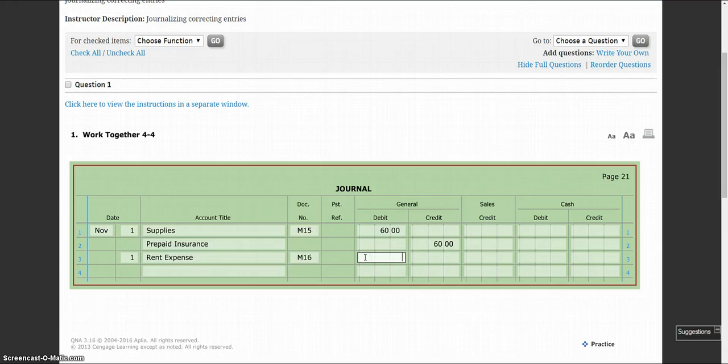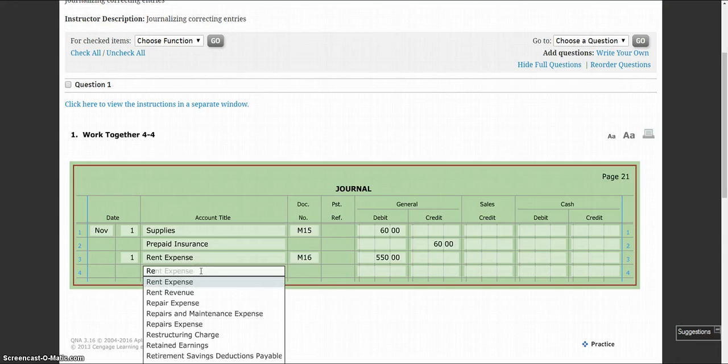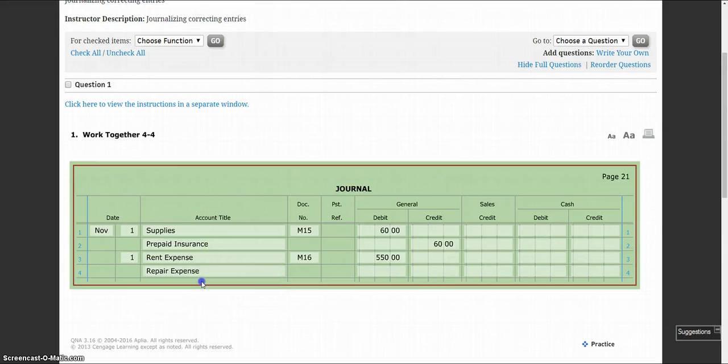And it should have been a debit for $550. And now we're going to undo what we did, and we're undoing it with a credit, so that was repair expense. And it's got a credit of $550. Okay, my debit equals my credit. Debit equals credit, so that means this one is good.